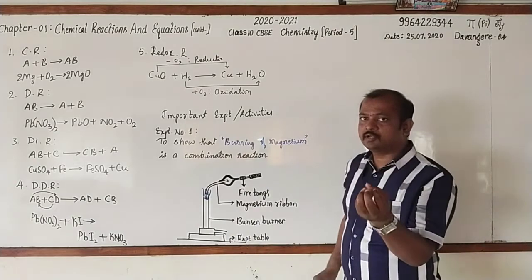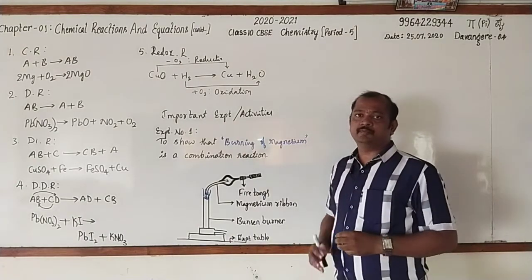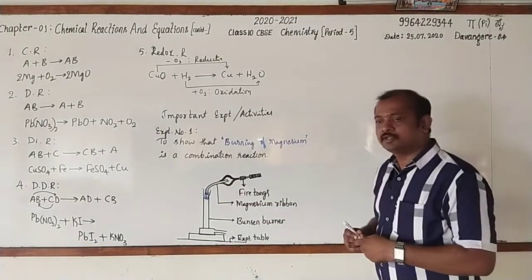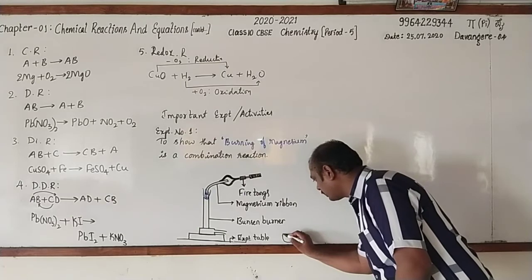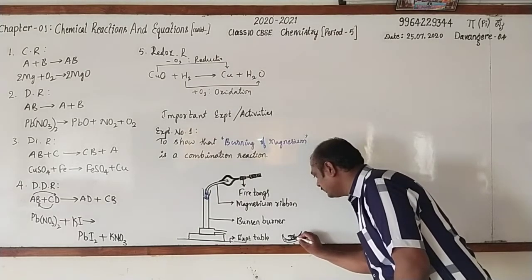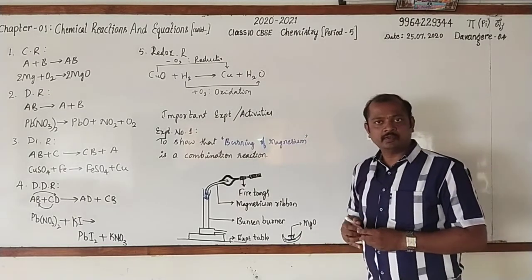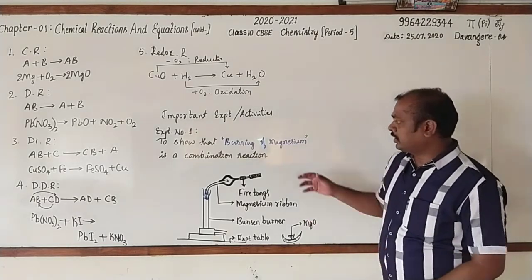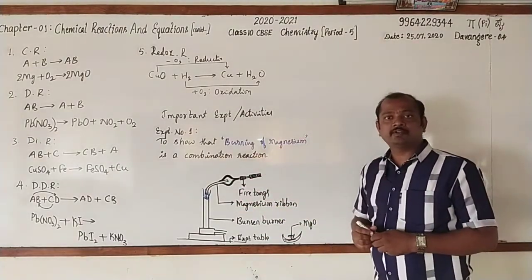It starts burning with a dazzling white flame. Then it produces a compound, a white colored compound or white residue. You can collect this in a watch glass, and this is called magnesium oxide. Clear?